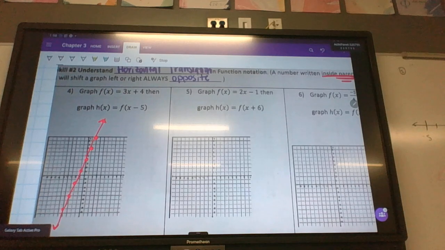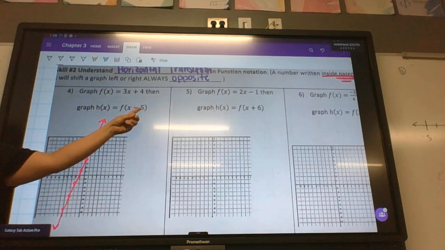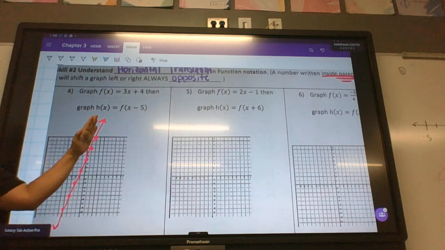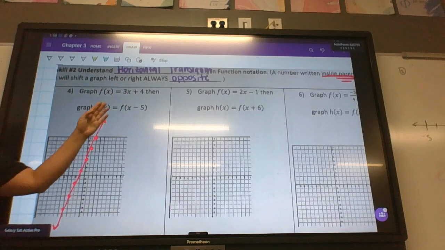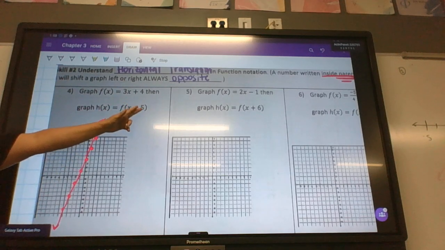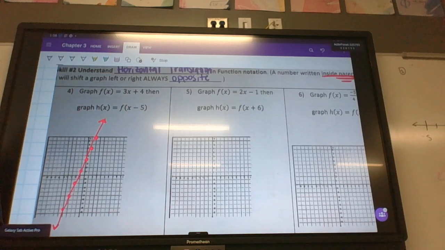Now, when you have function notation, fancy function notation, and there's a number within parentheses, this means take your existing line and shift it either left or right. Now, I would think this was left 5, but it's interesting. It's always opposite of how it looks.